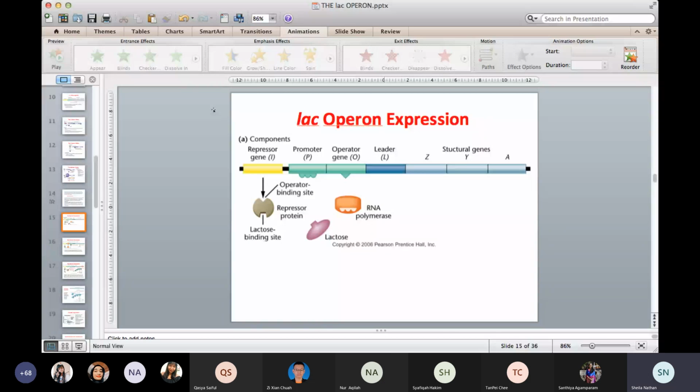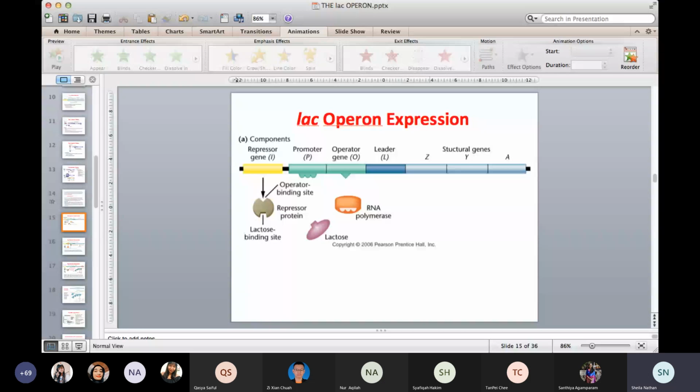You need permease. Permease is coded by Lac Y. That means you need to switch on the operon in order to produce permease. Permease can then go out, look for lactose, and bring it in, and then beta-galactosidase will hydrolyze it.